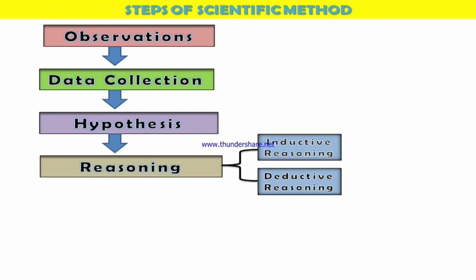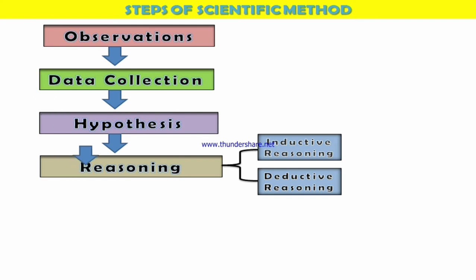Now we will discuss some detail. In inductive reasoning, isolated facts are used to reach a general idea which can explain the phenomena, and deductive reasoning involves general assumption and experimentation which help to make conclusions.